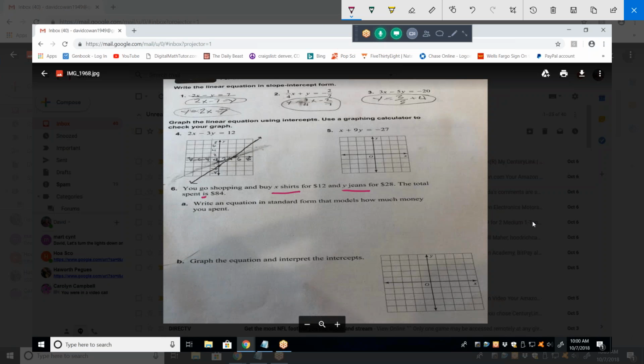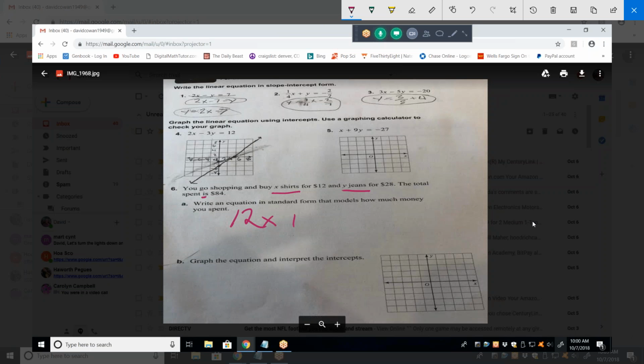But you bought X shirts. Each one of them cost $12. So what did you spend on shirts? 12 times X, 12 times however many you bought. If you bought 2 shirts, you spent $24. If you bought 3 shirts, you spent $36. So 12 times X represents how much you spent on shirts.